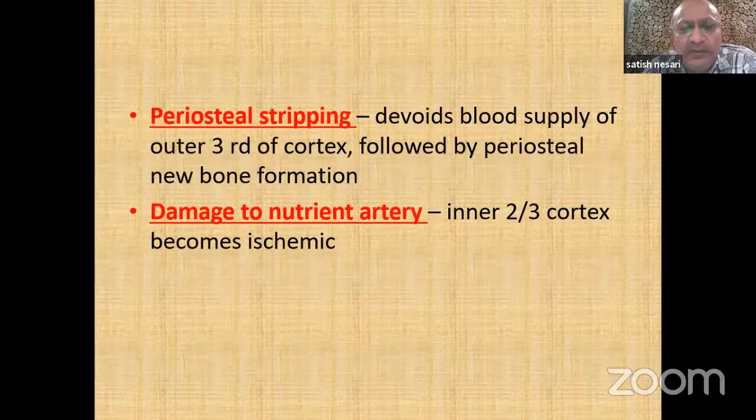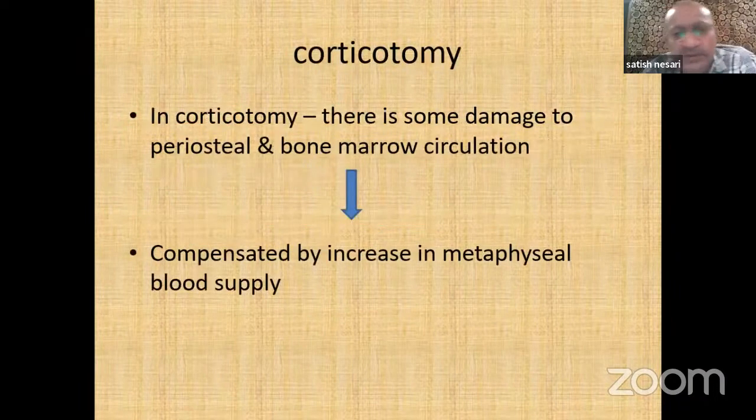When we do an osteotomy, if we damage the nutrient artery, it divides the inner 2/3 of the cortex. So always, while doing a corticotomy, we have to avoid damage to the nutrient artery and avoid extensive periosteal stripping. When we do a corticotomy, there is some damage to the periosteum as well as endosteum.